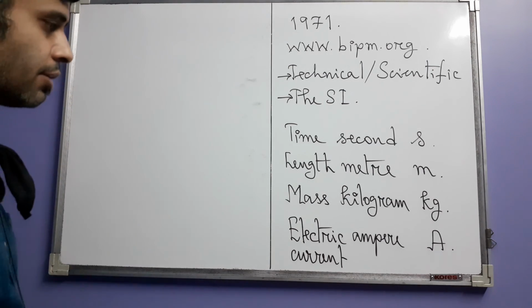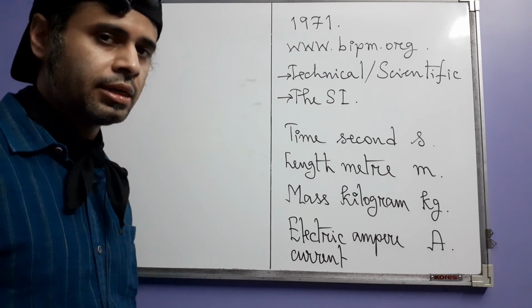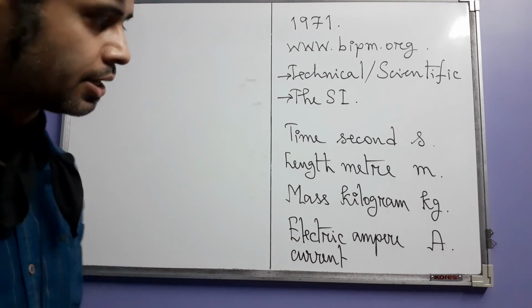There are 7 of them, plus 2 additional units are also there for measuring angles. I am coming to that later.